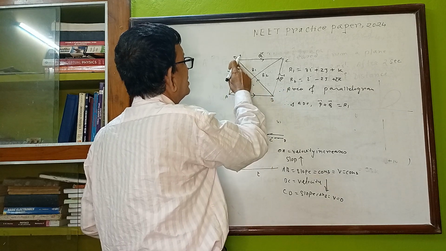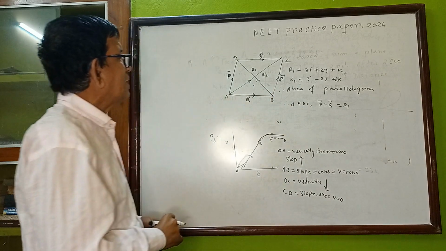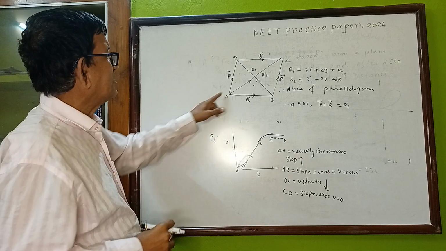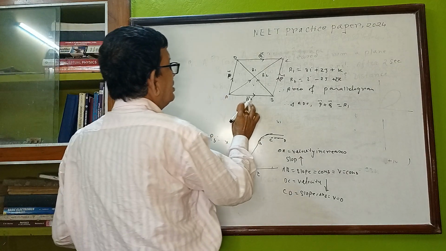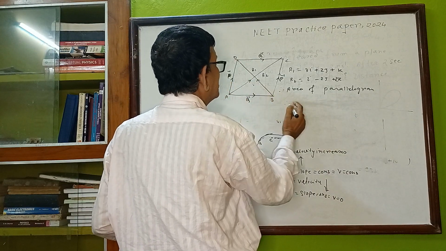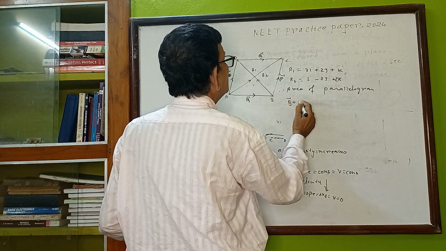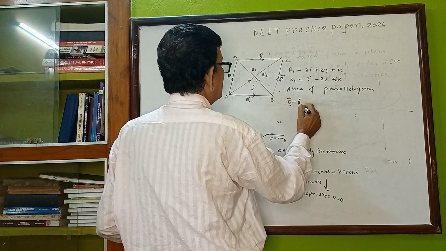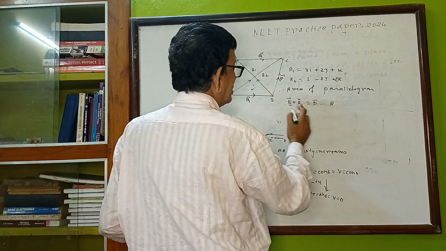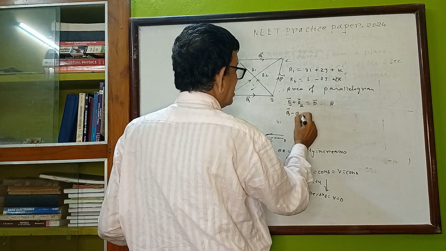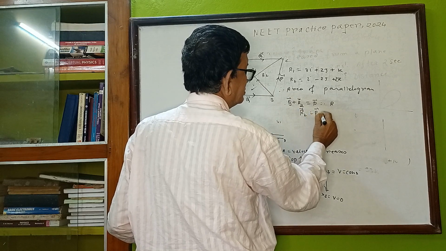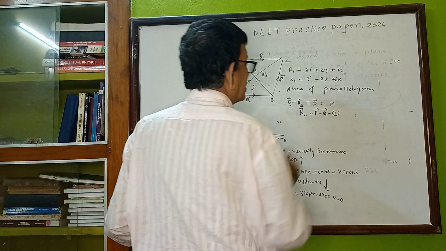Considering AB, the two vectors P and Q give R1. In that triangle, Q plus R2 equals P vector. So R2 equals P minus Q. Clear? Okay.